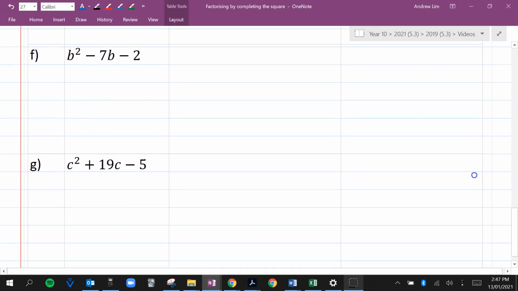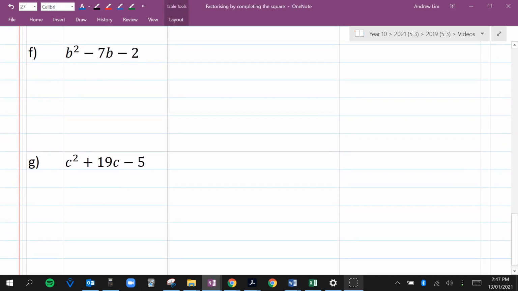Alright, pause the video, have a go with F and G. Last two. Okay, so I'm going to take the first two terms, b squared minus 7b. I'm going to halve that 7, which will be 7 on 2, and when I square that, I get 49 on 4.